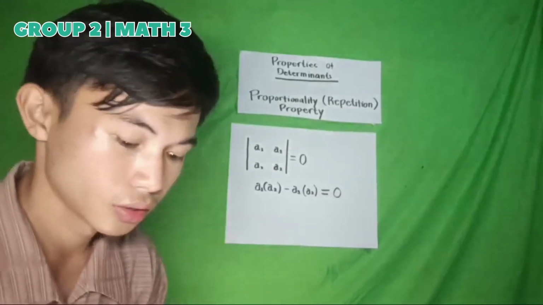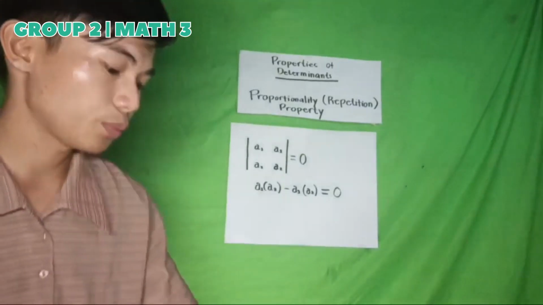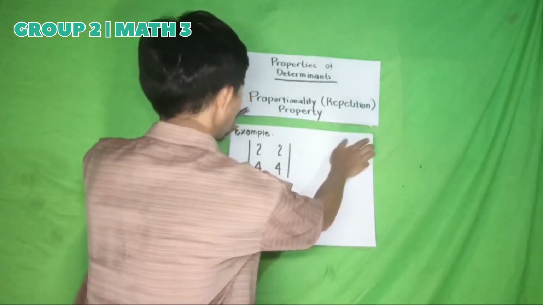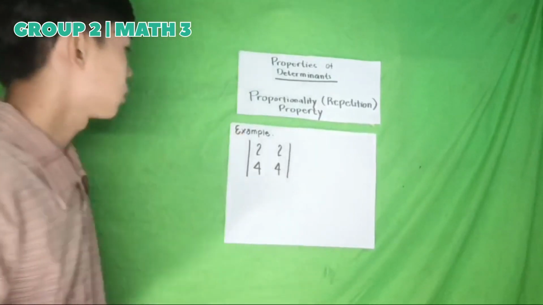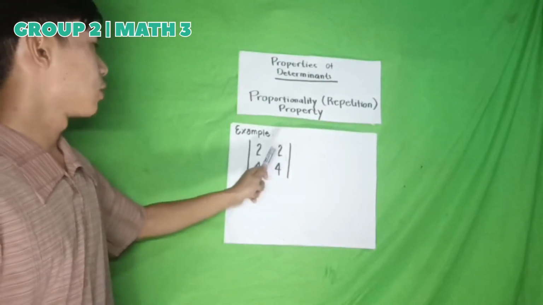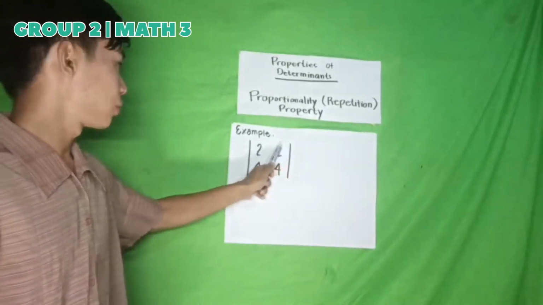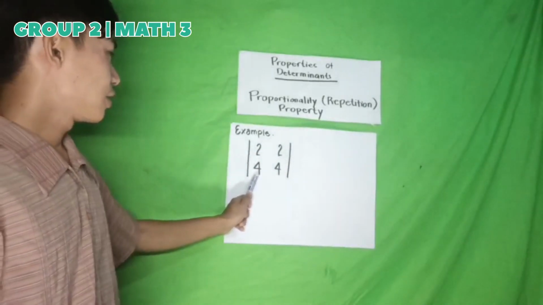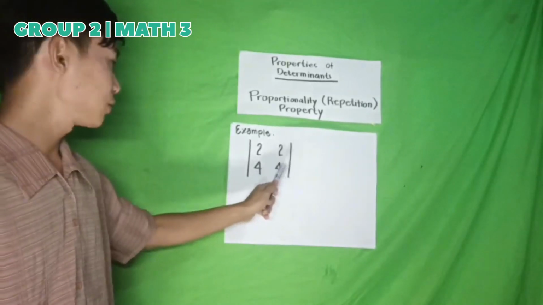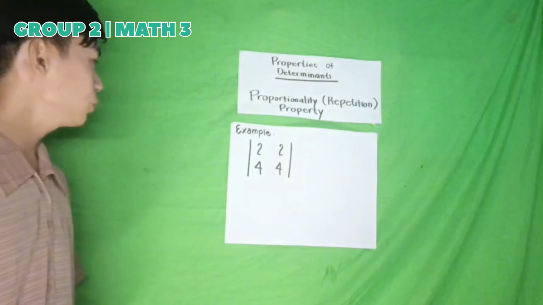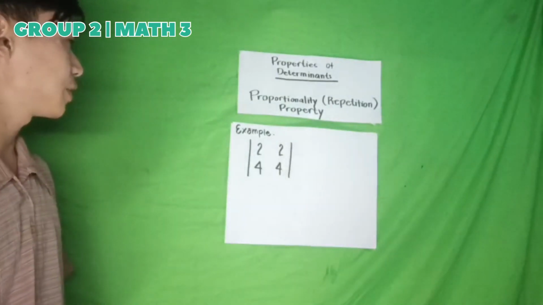And I have an example of this. In that example, the first row is 2 and 2, so that is identical. And the second row is 4 and 4, also identical. So we need to solve it for the determinant.